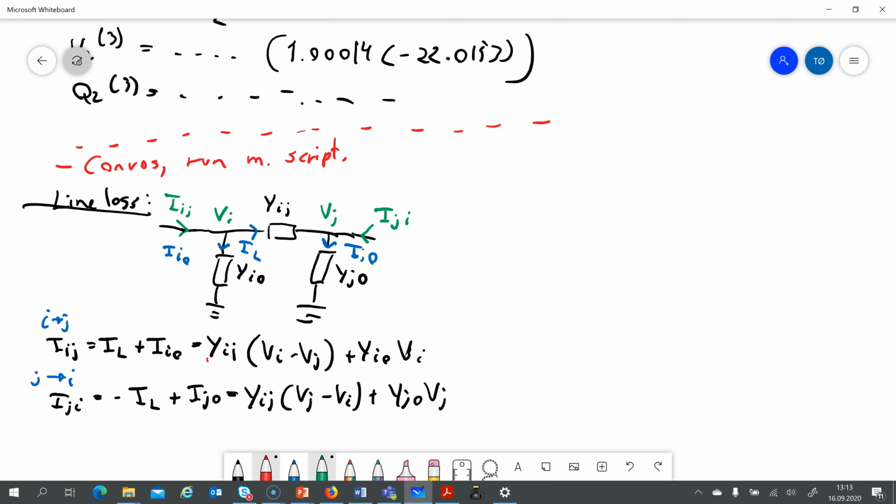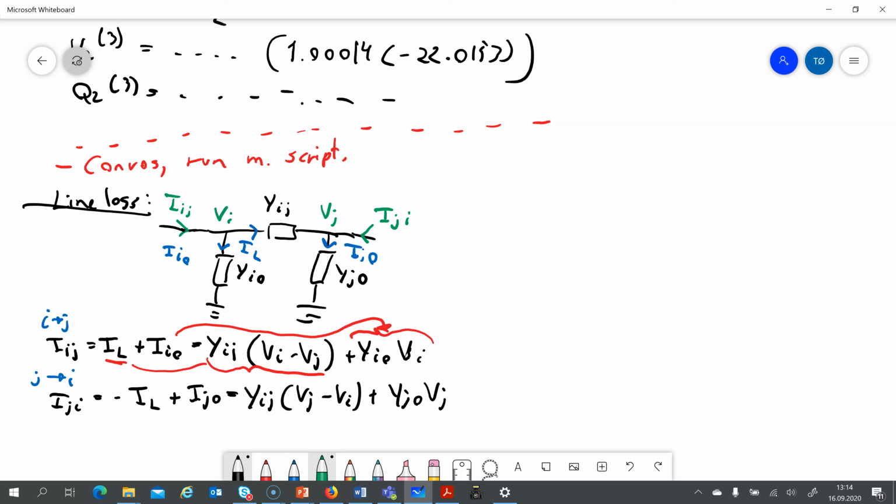So this is the line current, you see. This is represented by what's happening on the I bus node to ground. And you get then, of course, this minus also for the opposite value.